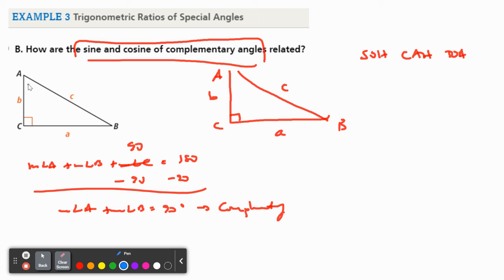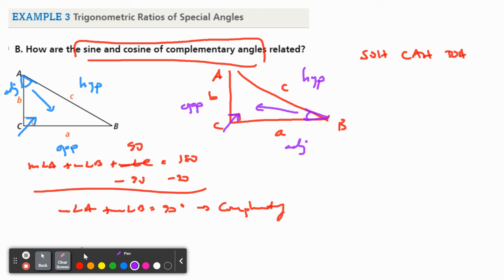So if angle A is my angle I'm looking at, then that is my opposite side. Right angle points to the hypotenuse, and then B is my adjacent side because it helps make angle A. Over here, I'll do it in blue. If B is the angle, so now that's my opposite side. So notice the opposite side switches. The hypotenuse is still the hypotenuse, but now because this side A makes up angle B, that's now the adjacent. So notice that your opposite and your adjacent switch, right?